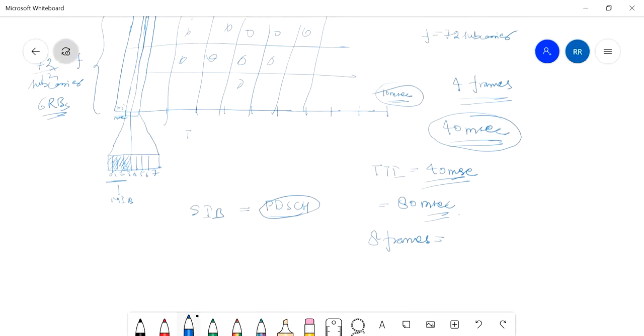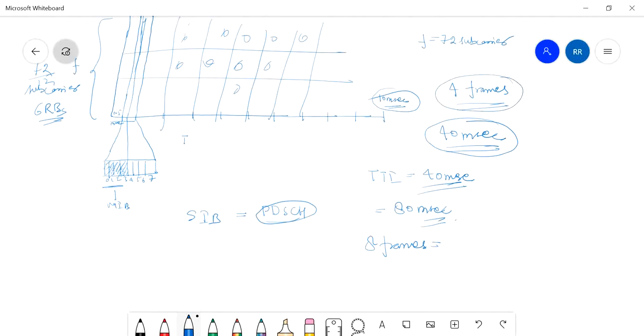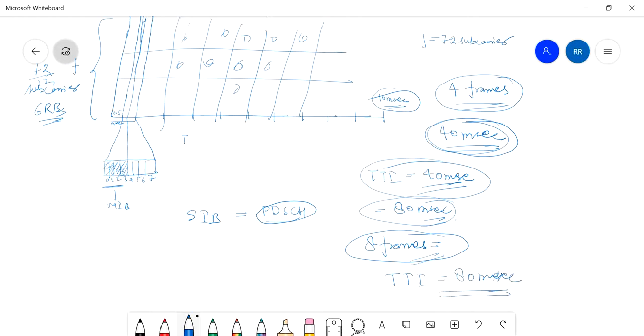As the MIB was getting transferred in 4 frames, that's why 40 milliseconds. So 8 frames is equal to 80 milliseconds. So the TTI for SIB is equal to 80 milliseconds in LTE, right? Okay.